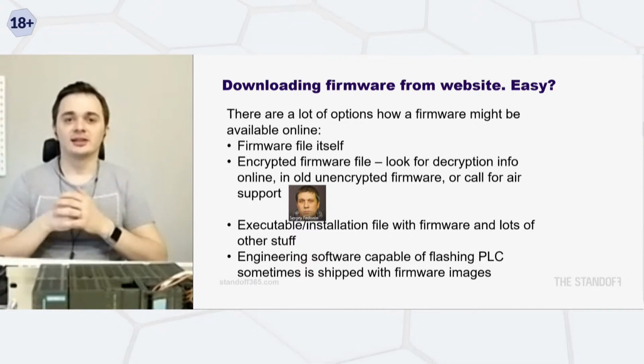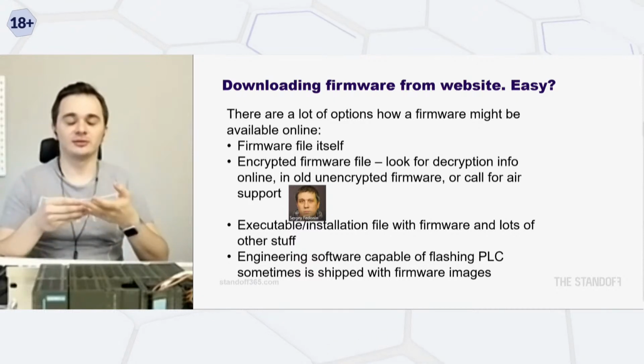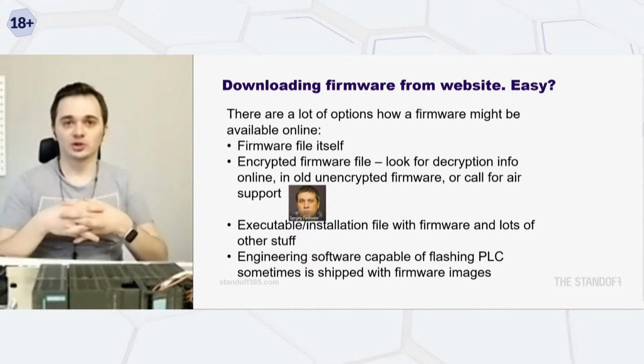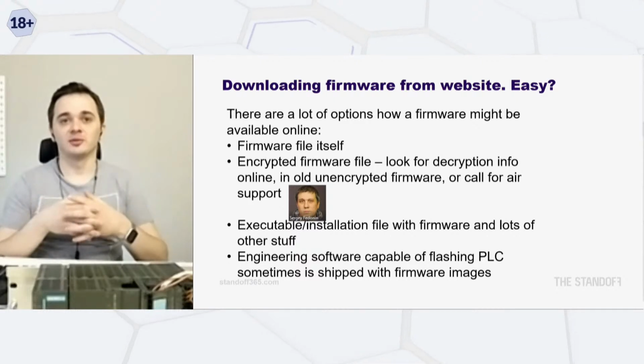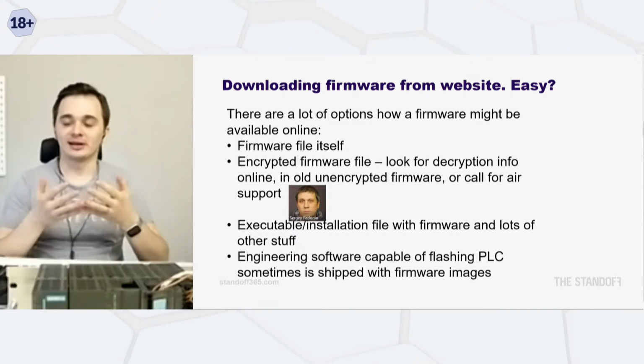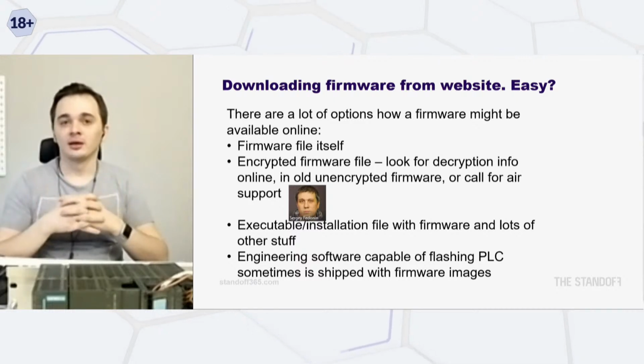You may have an executable or an installation file with firmware on the website. You don't have the actual firmware file, you only have the installation file, and that means that you will have to apply extra effort to get hold of this firmware file out of the executable or installation file.